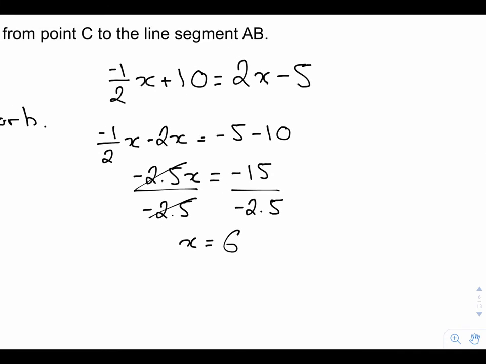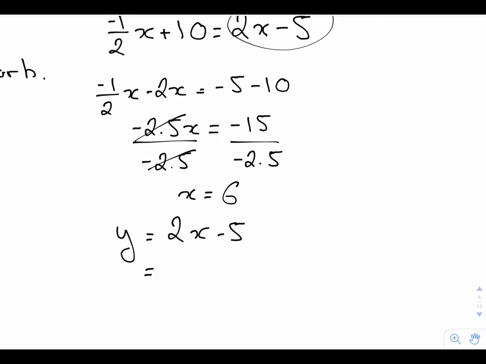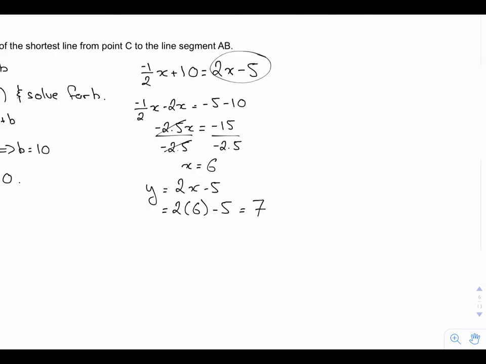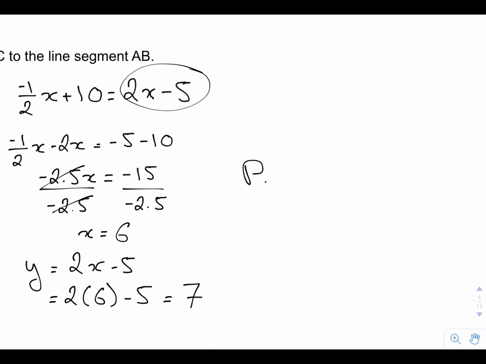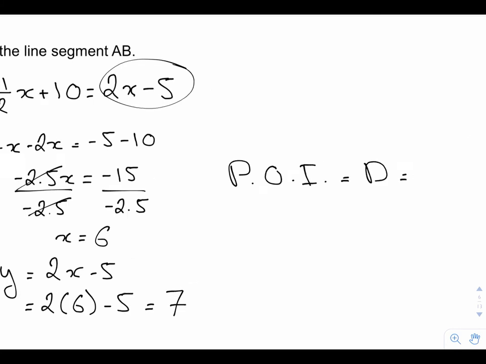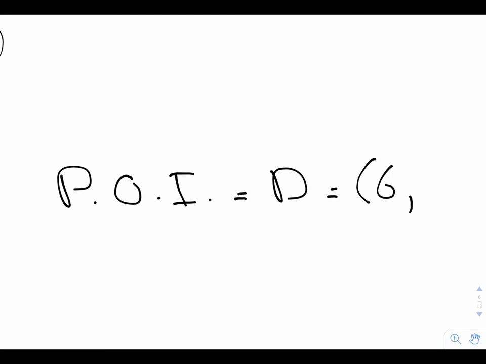If I want to solve for the y value now, I'm going to take this equation for y, so y equals 2x minus 5. I'm going to replace that x with a value of 6, so 2 times 6 minus 5, and that gives me 12 minus 5, which is 7. So finally, after all this work, the y-coordinate is 7, the x-coordinate is 6, and the point of intersection, which is the same as the value of D, is (6, 7).